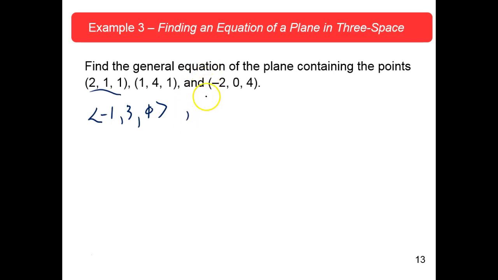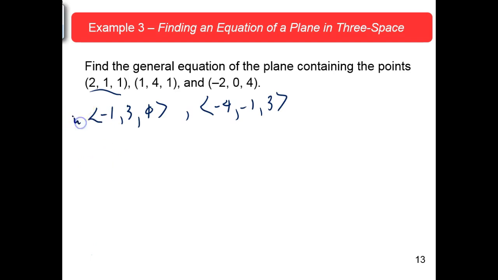And another vector would be from this point to that point. And that would be -2 minus 2, which would be -4. 0 minus 1 is -1. And 4 minus 1 is 3. So there's another vector. So here's a vector from this point to one of those, and that point to another. Okay? So now we got two vectors. Do the cross product of those two. How do you do the cross product? Remind me.